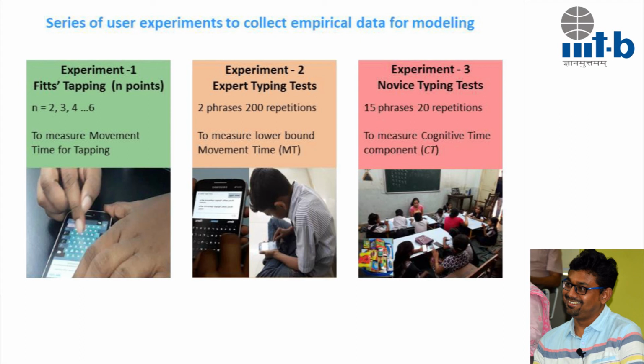Then we did another experiment with a few users whom we stress tested for a longer duration so that they saturate at some point of time. So we asked them to type just two master phrases with a combination of all types of characters. Those master phrases were created in such a way that they have all sets of characters, so that we learn how much time somebody would take to move across different parts of the keyboard.